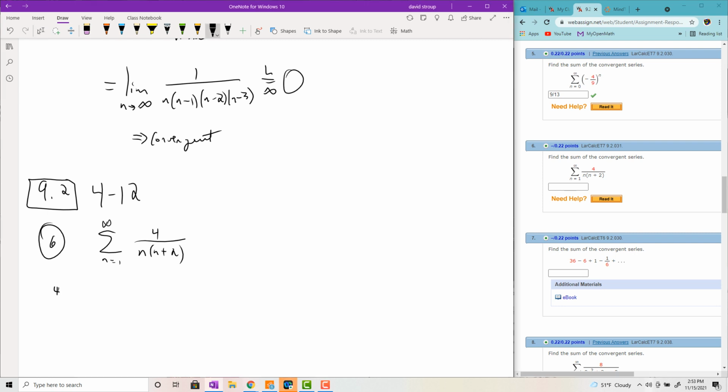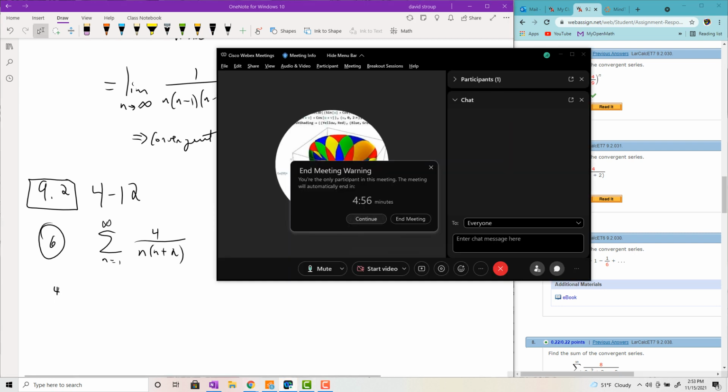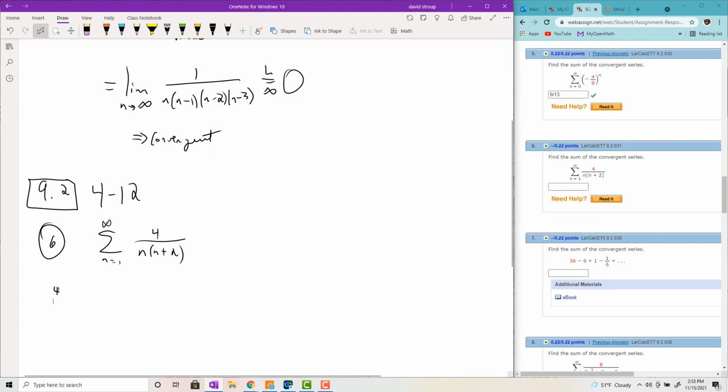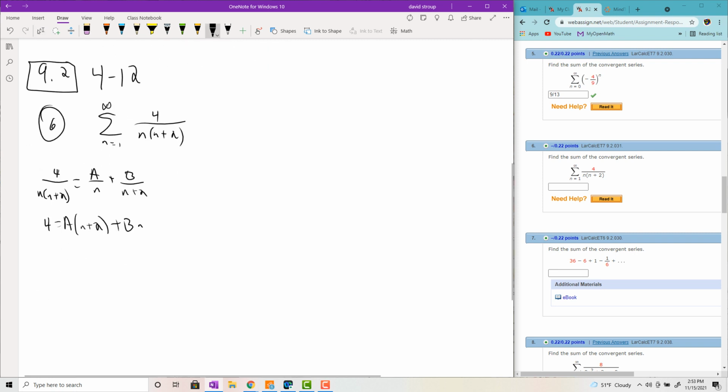So I'm going to put 4 all over n times n plus 2. That will be A all over n plus B all over n plus 2. Multiply by n times n plus 2. You get 4 equals A times n plus 2 plus B times n. And then you're going to do substitution.